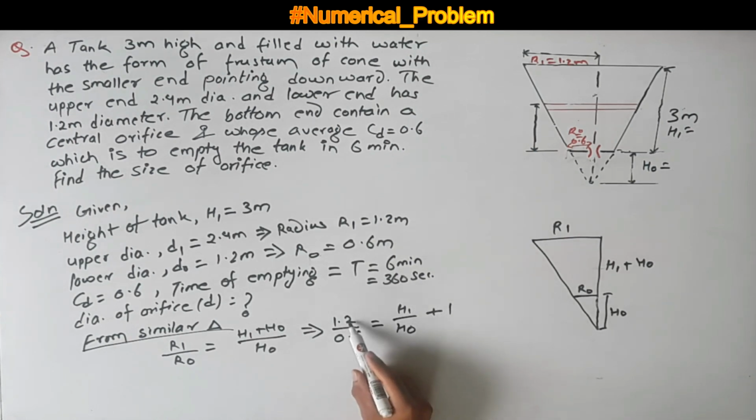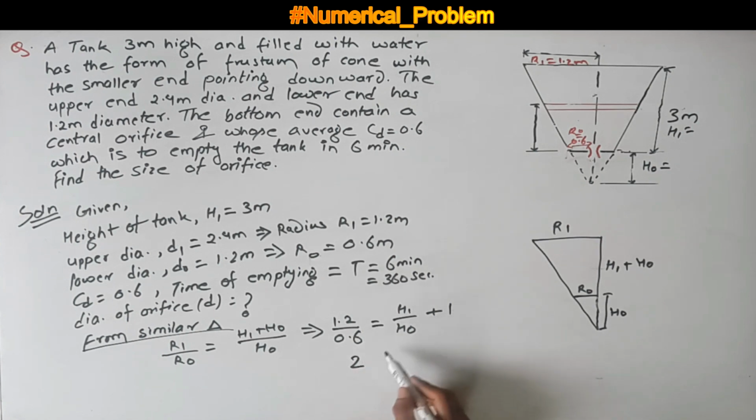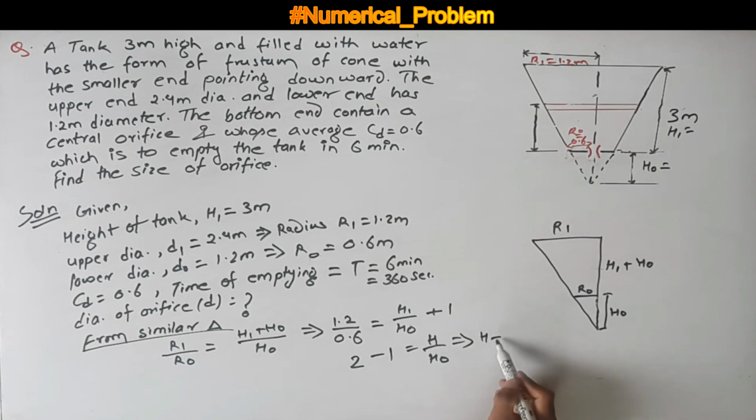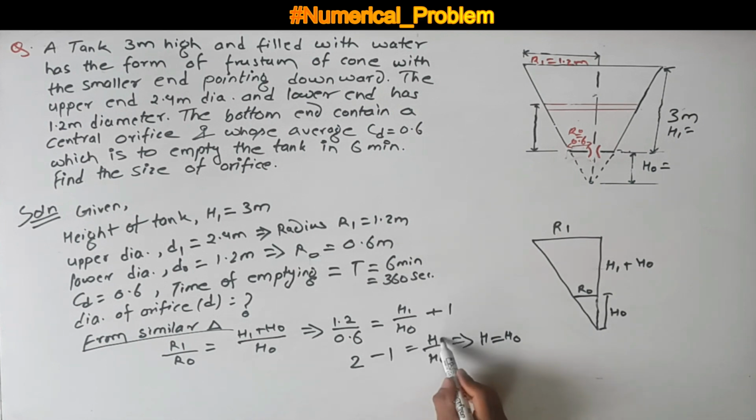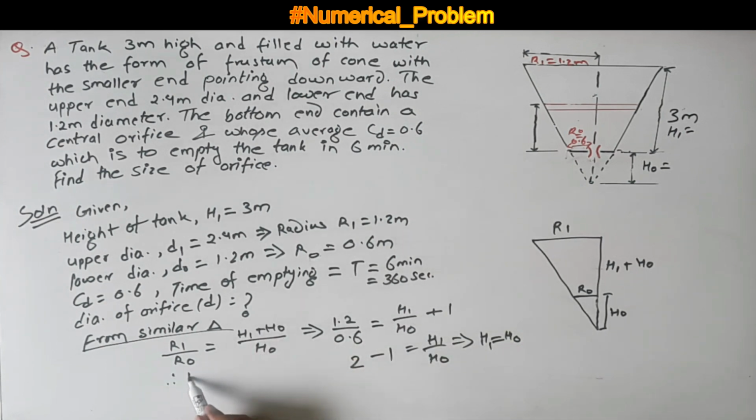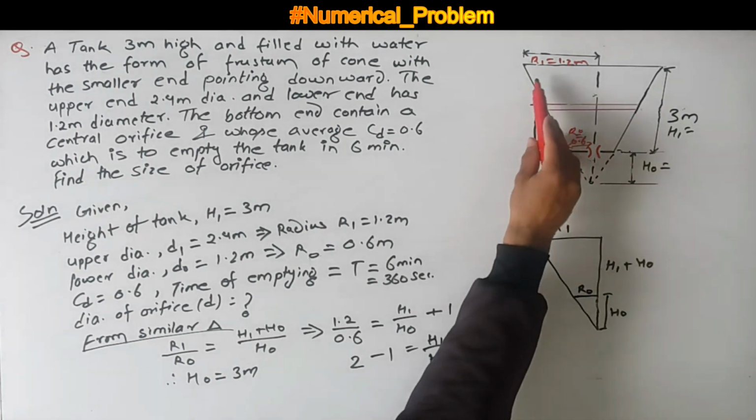Here 1.2 upon 0.6 is equal to 2, and let's subtract 1 from here, equal to H1 by H naught. From here we get H1 equal to H naught. The values of H1 and H naught are equal. Therefore, H naught is 3 meter. This liquid falls from this whole height.